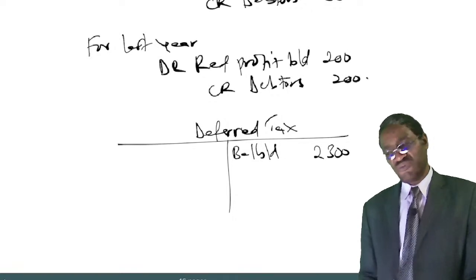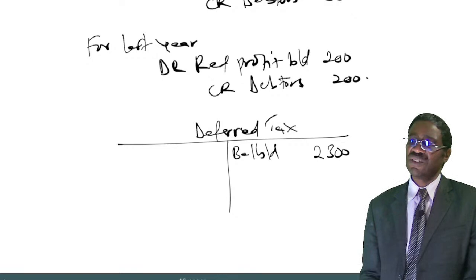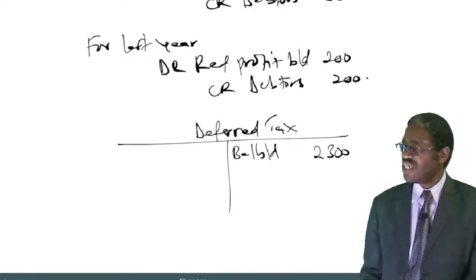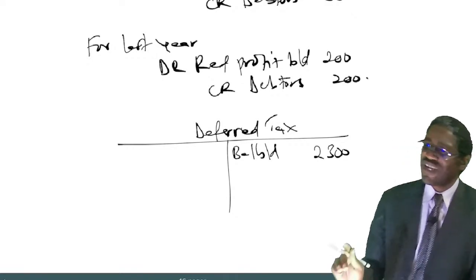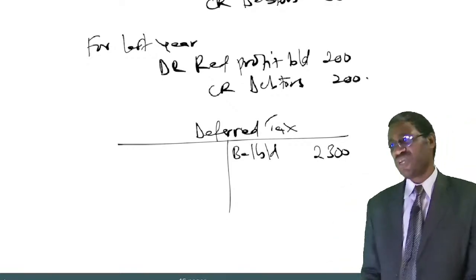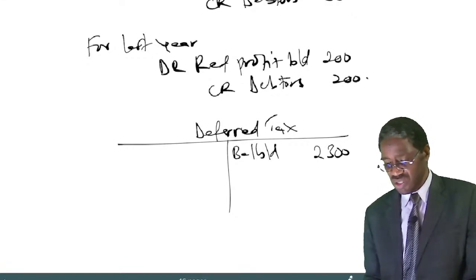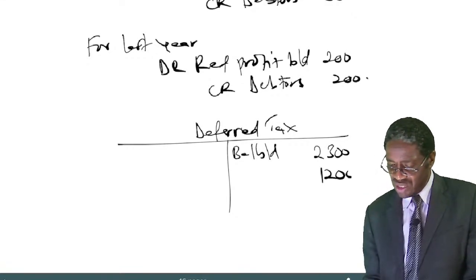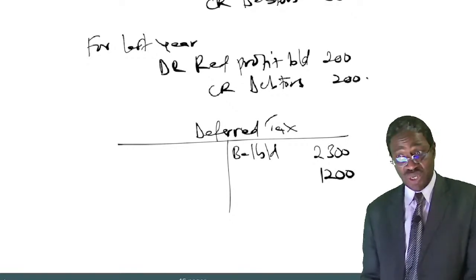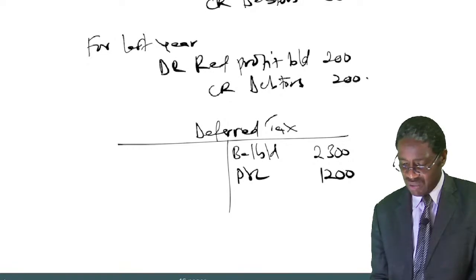To the deferred tax. I told you last time, this being a credit balance, and I'm transferring something to the account, it is obvious, we said, you must credit this account. So you credit here by 1,200, and I told you, you debit the P&L account.